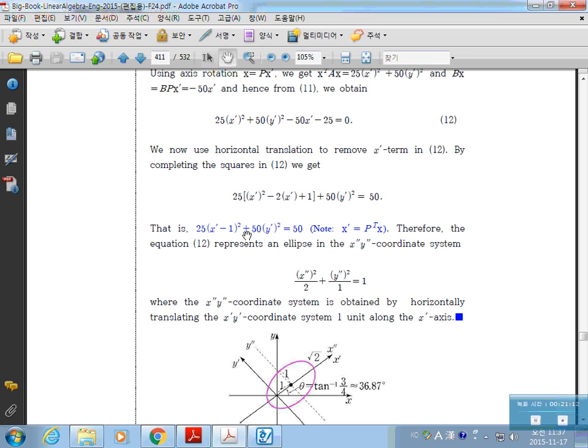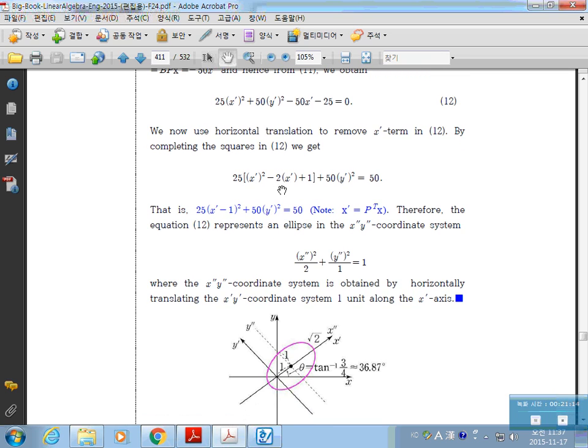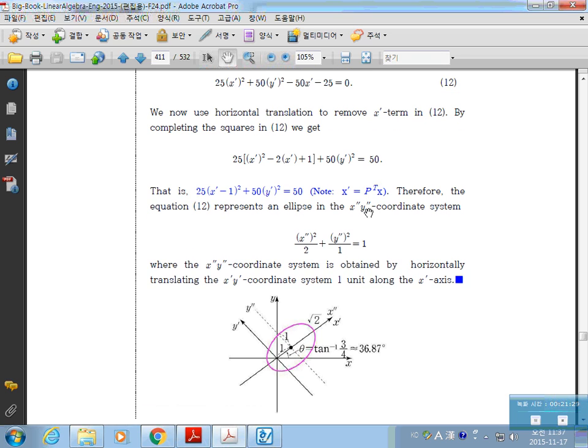Then with the new axis. Okay, anyway, by completing the square, we can write in this way. This was done with the substitution involving this orthogonal matrix P.